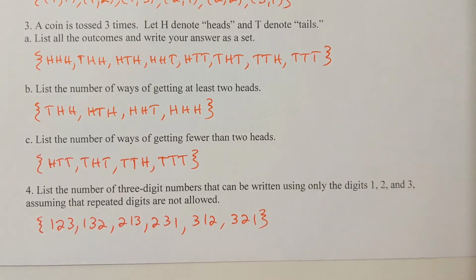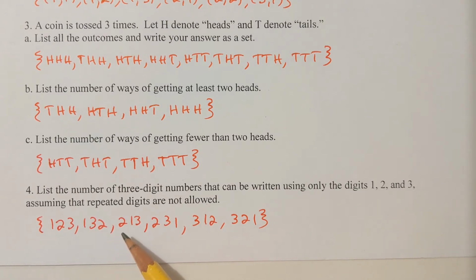Problem 4, list the number of 3-digit numbers that can be written using only the digits 1, 2, and 3, assuming that repeated digits are not allowed. Okay, so if I start with a 1 first and then 2 second, 1, 2, 3, maybe a 3 second, so 1, 3, 2.